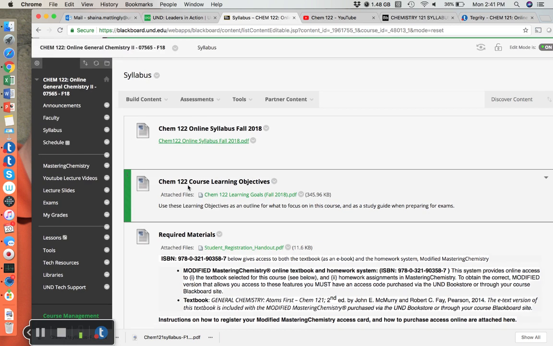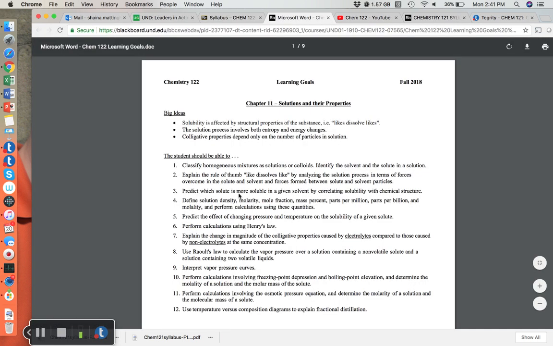This second thing, the Chem 122 course learning objectives, is very important, so let's take a look. So this is a file that shows you all of the major points from each chapter, and I want you to use this file in 2 ways. I want you to use it to guide you when you're looking through the material, when you're reading the textbook, when you're watching the videos.